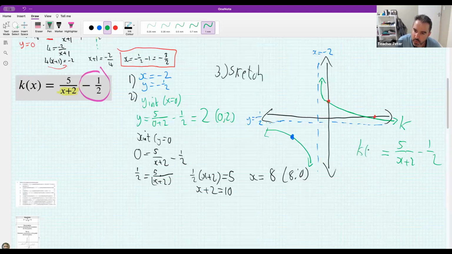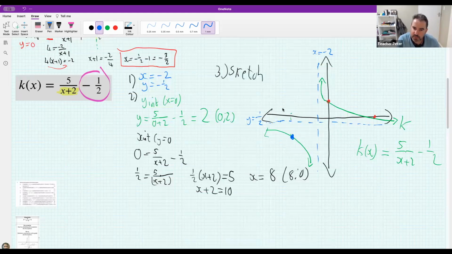Now, if I want to find another point on the other side here, I need an x value that I can put into the formula. What type of x value should I use to get a point on this side? Because sometimes they say label an extra point.